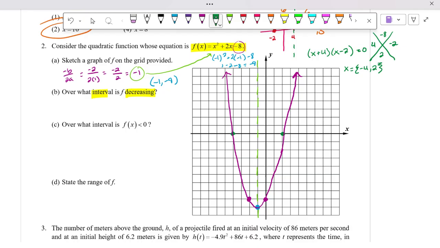So remember what I said, you always start at your top leftmost corner, and you're just going to run your pencil along the graph until you hit the vertex, because remember, that's the turning point. Hold on, it froze.